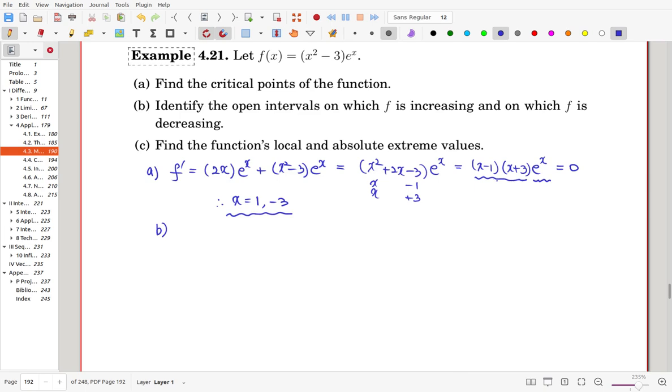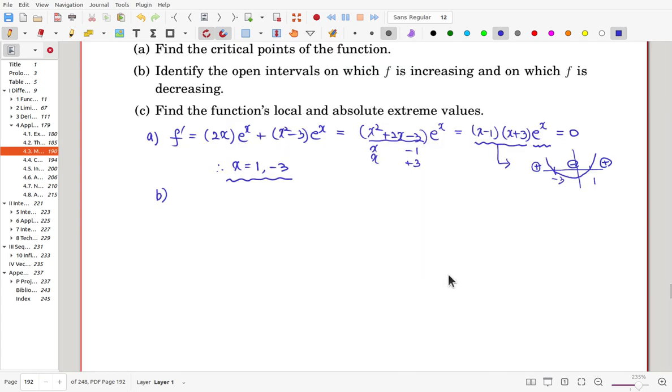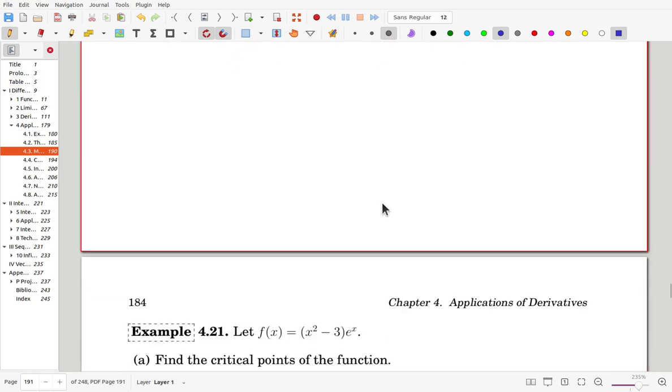If you are considering only this portion, then here the shape is basically, now that is minus 3 and that is 1, and the quadratic part gives it in this way, so that here f prime on this side must be positive, and between minus 3 and 1 it must be negative, and larger than 1 is positive. Okay, so let's try to make a table as in the previous example.